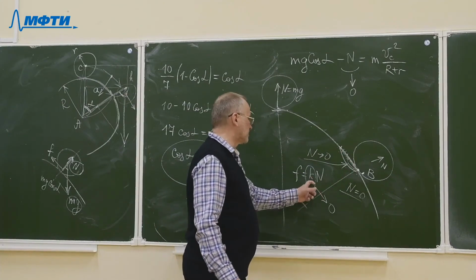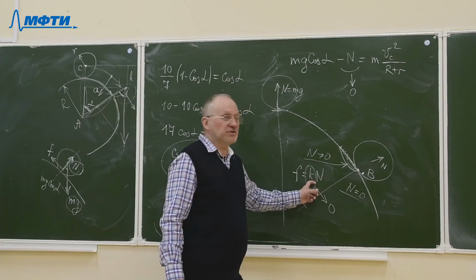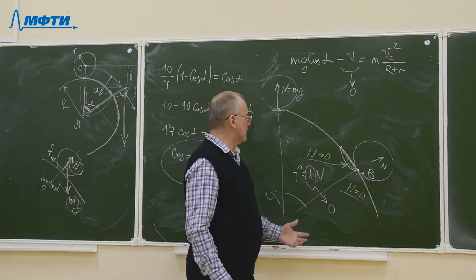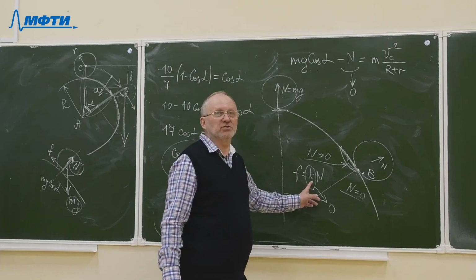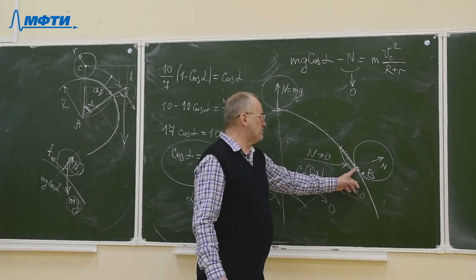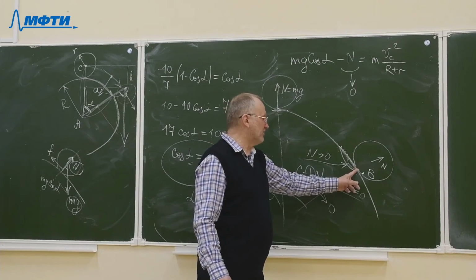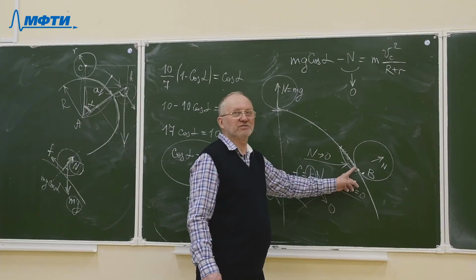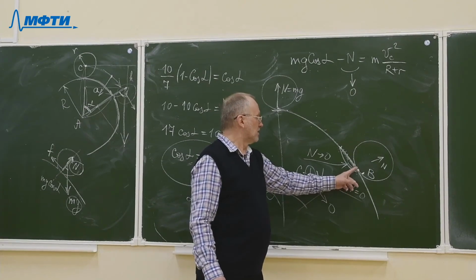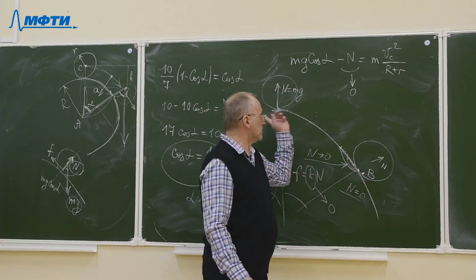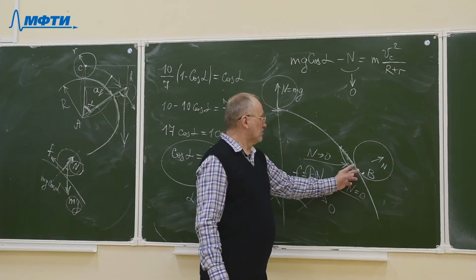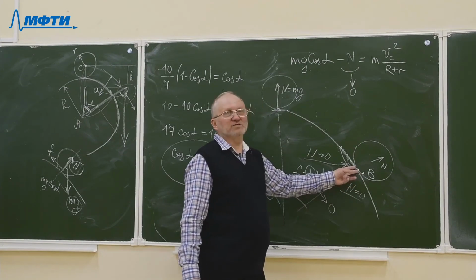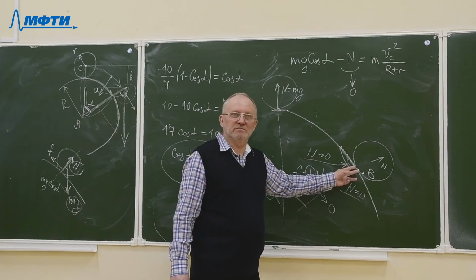But if the problem does not give you the coefficient of friction, then it's assumed that the coefficient of friction is so large that the slipping will occur only at a very, very small final section of the sphere track. So small that it's negligible.